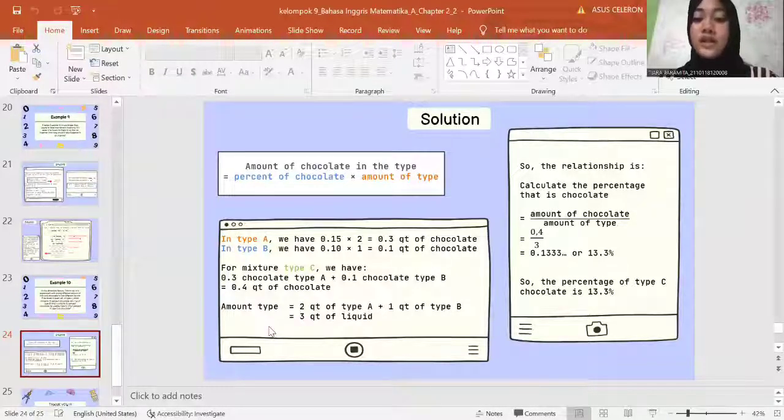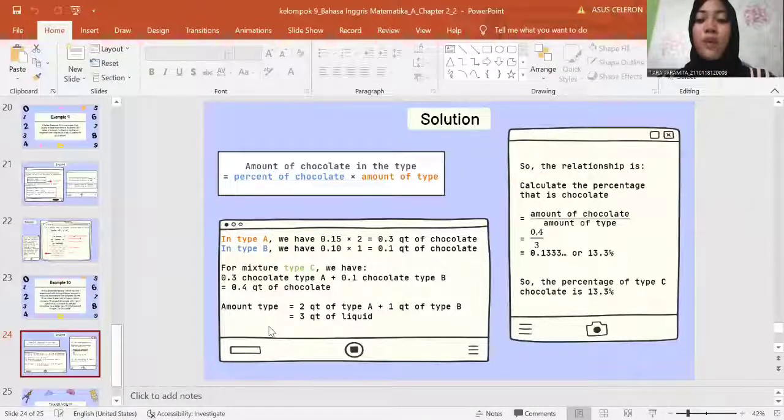So the relationship to calculate the percentage that is chocolate equals amount of chocolate divided by amount of type. The amount of chocolate is 0.4 and the amount of type is 3.